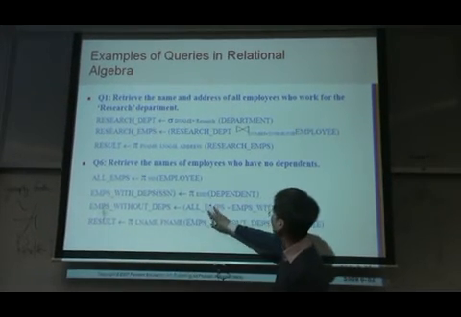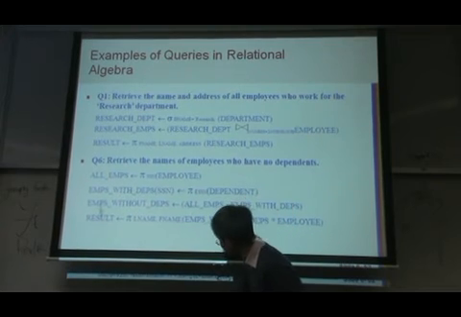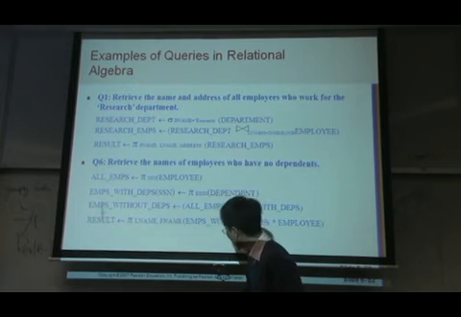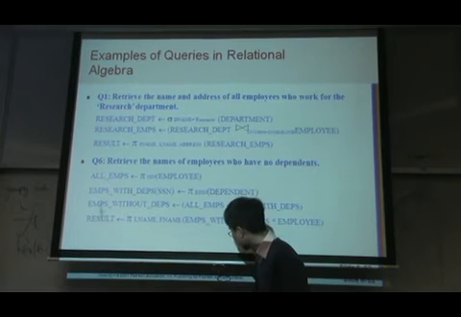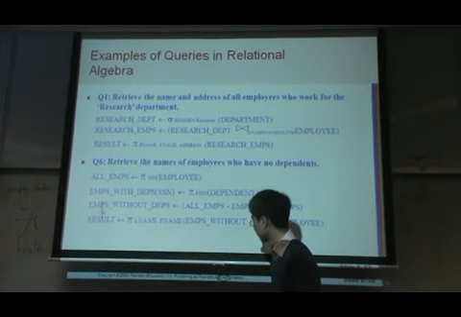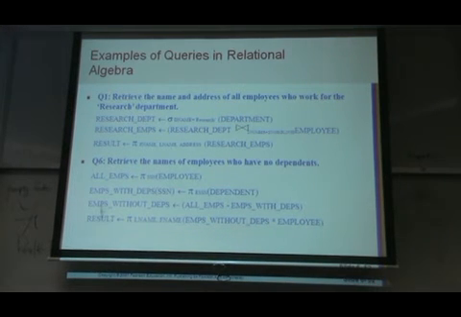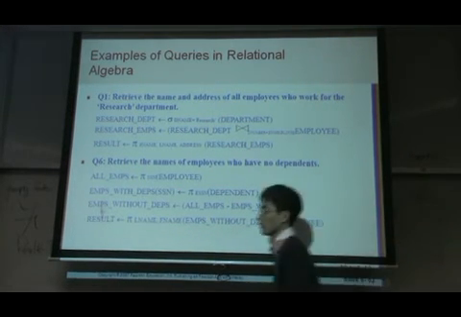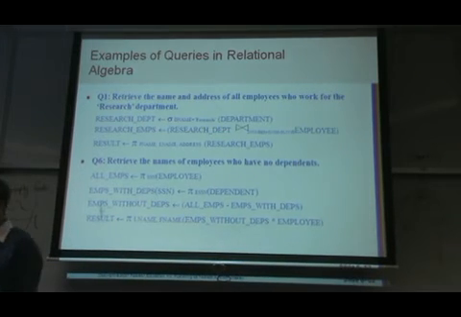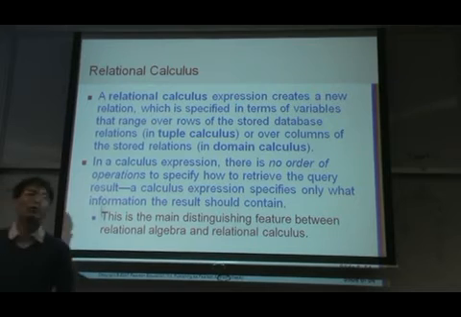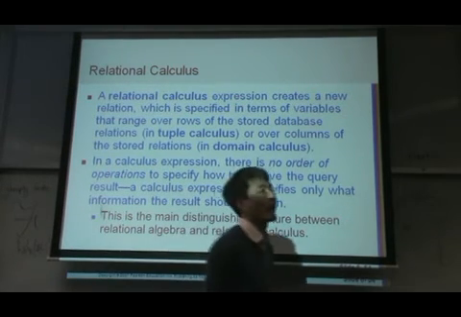Join with this ESSN. Here is a rename, SSN, equal to SSN in employee. Okay, we can use such a join operation. Then finally, we can get this. That's the whole thing of the relational algebra.